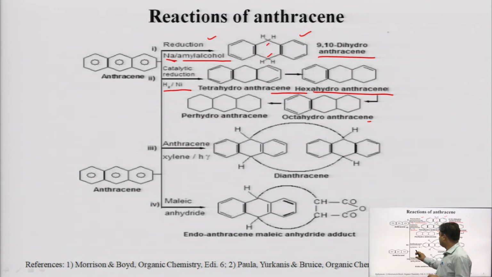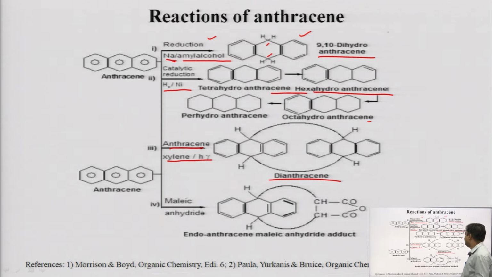In the third reaction, you can see that anthracene in the presence of xylene and light dimerizes into dianthracene. Here the 9 and 10 positions of one molecule of anthracene are joined to the 9 and 10 positions of another molecule of anthracene to give the dimer. When anthracene reacts with maleic anhydride, it gives the endo-anthracene maleic anhydride adduct.